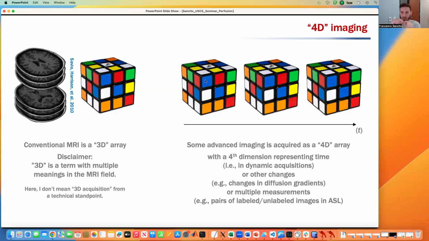For each voxel that has a certain XYZ coordinate in space, there's going to be a 4th dimension that tells you what the signal over time is and how it changes due to the contrast agent. Other advanced sequences can have 4th dimensions that are not strictly temporal. For instance, diffusion-weighted imaging can have different gradient orientations of diffusion stored along a 4th dimension. But anyways, for what we're talking about today, the 4th dimension is a time dimension.